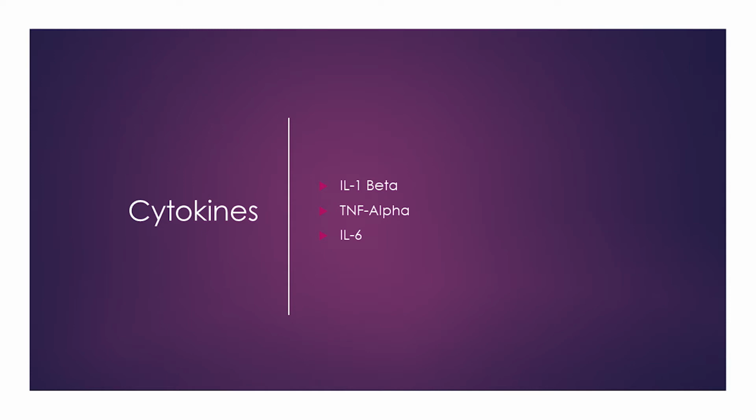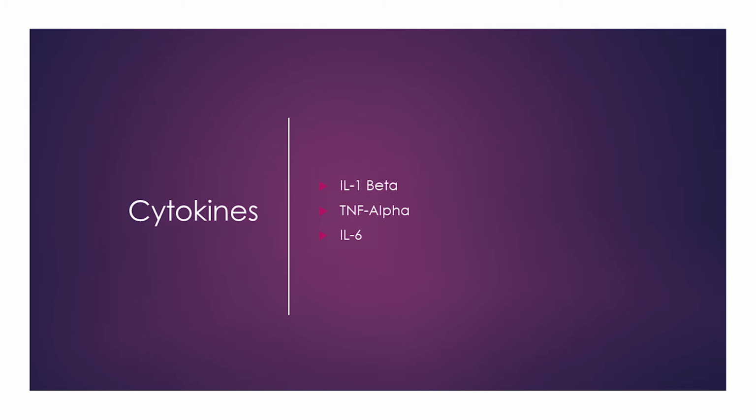IL-1 beta, these increase inflammation and destroy bone as well as many other things. TNF alpha, this also increases inflammation and it actually increases the creation of new blood vessels, which increase the circulation of other inflammation cells. And IL-6, this is another cytokine that increases inflammation.